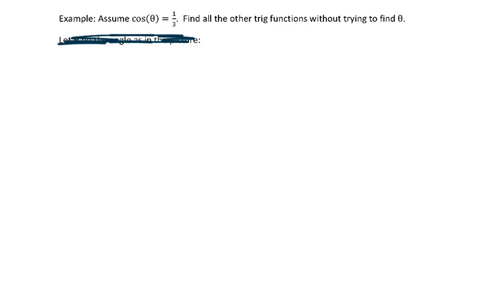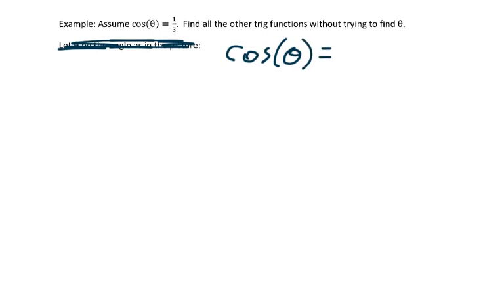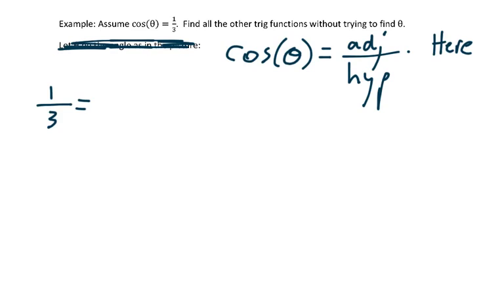Remember, cosine of theta here is 1 over 3, but by definition, it's the adjacent over hypotenuse. So 1 over 3 is equal to the adjacent divided by the hypotenuse.